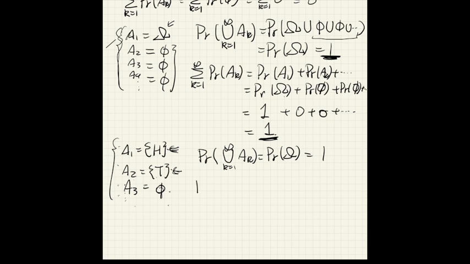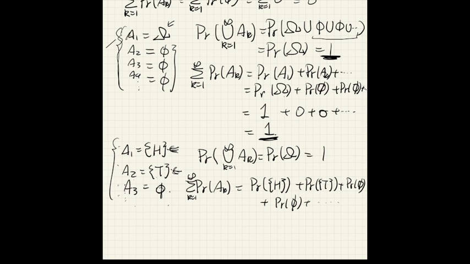And the sum of probabilities of these events is the probability of H plus the probability of T plus empty plus empty, plus all empty.